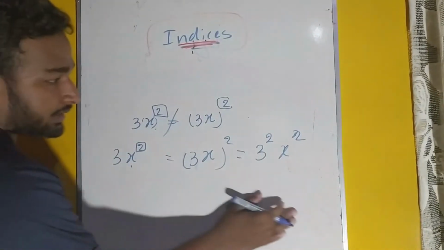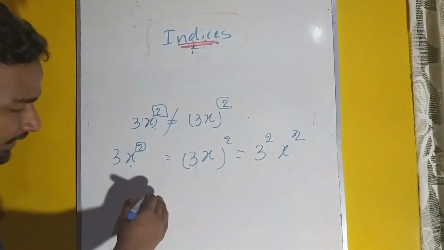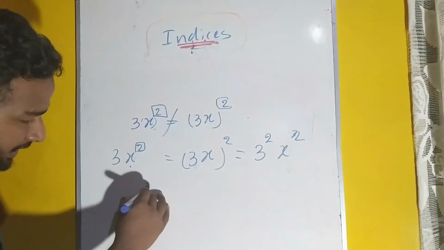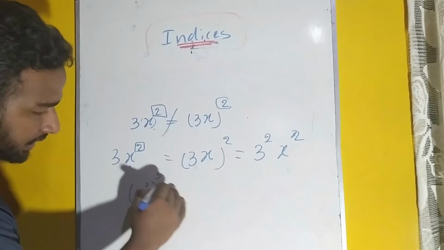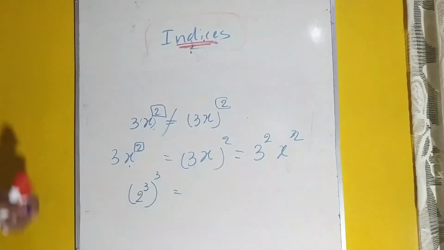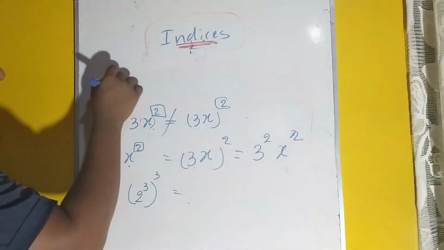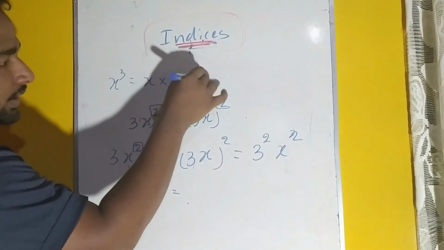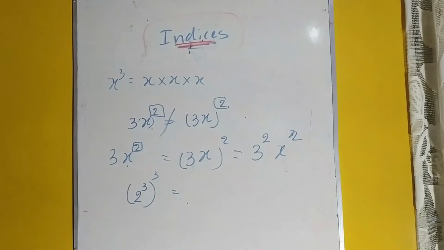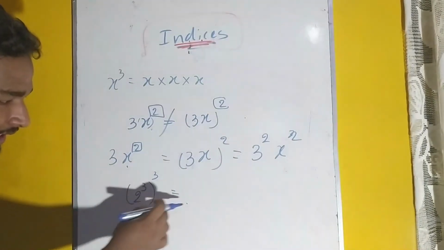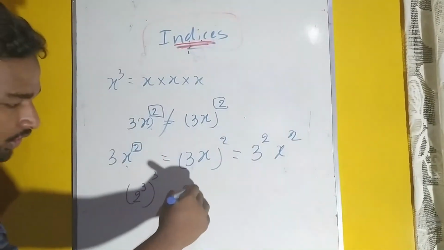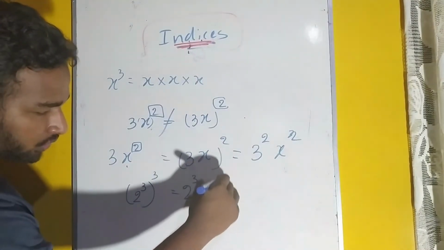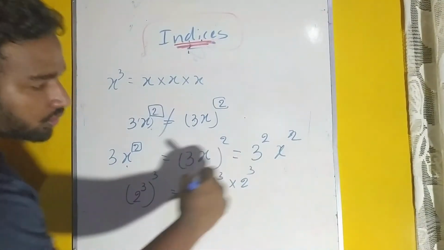So another thing, if they given like this, 2 to the power 3 whole to the power 3, just tell me x to the power 3 means what? x into x into x called as x to the power 3. Like that, 2 to the power 3 whole to the power 3 means what? 2 to the power 3 into 2 to the power 3 into 2 to the power 3.